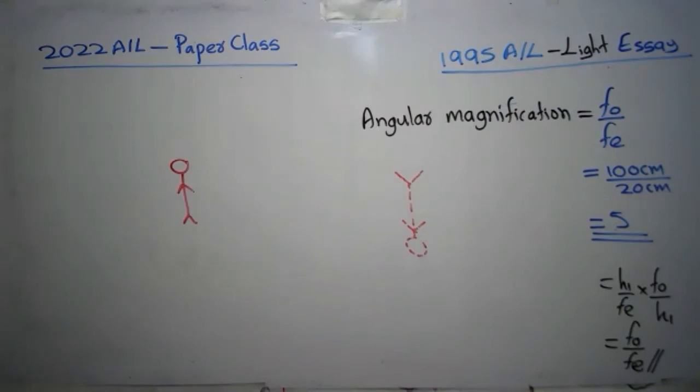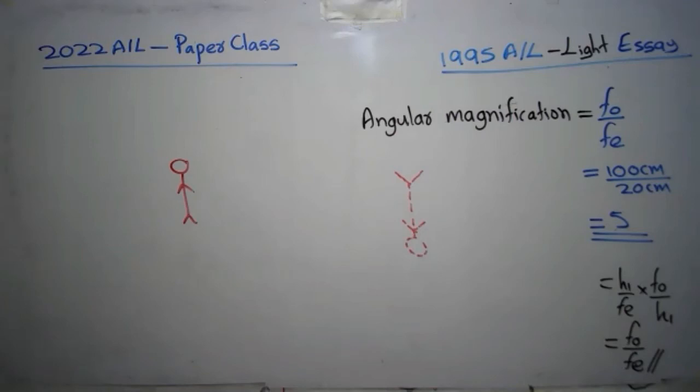You must identify this sentence: while keeping the distance between the objective lens and the eyepiece lens as short as possible. That is Roman number 3. Under that they have asked 4 questions as sub-parts A, B, C and D. I'll read sub-part A for you.